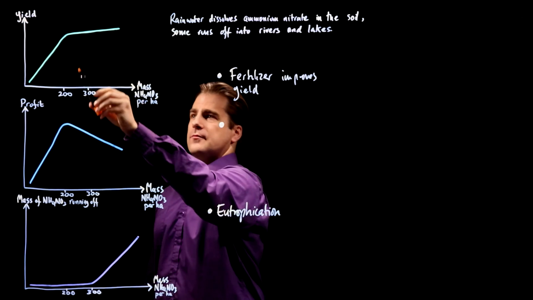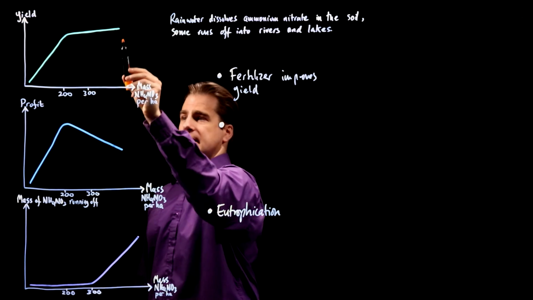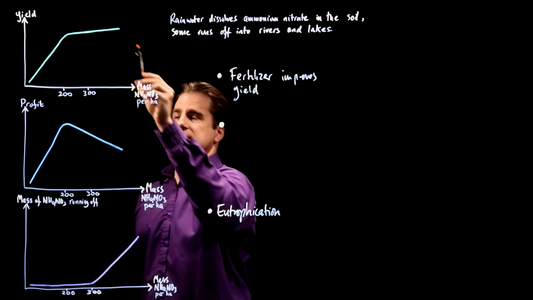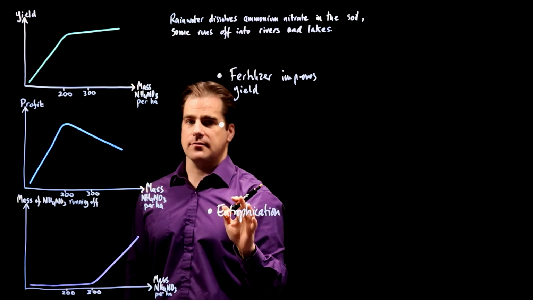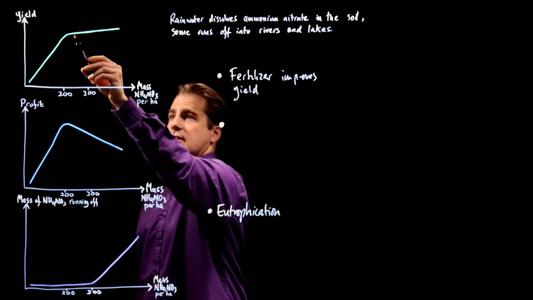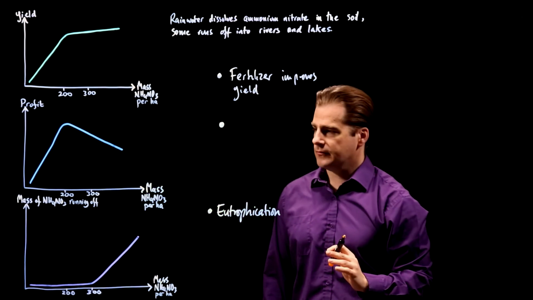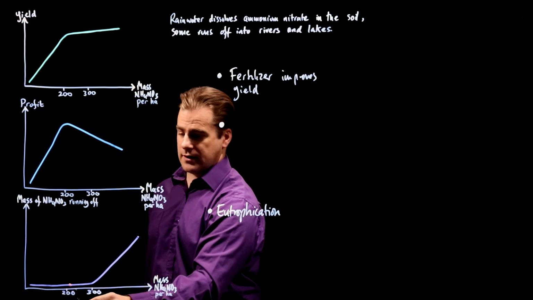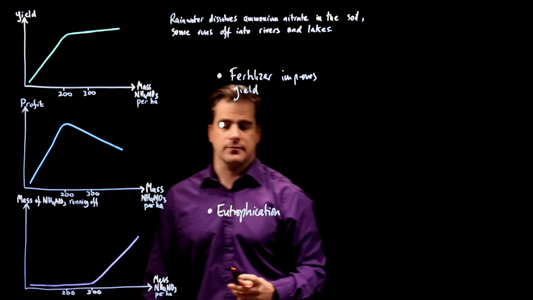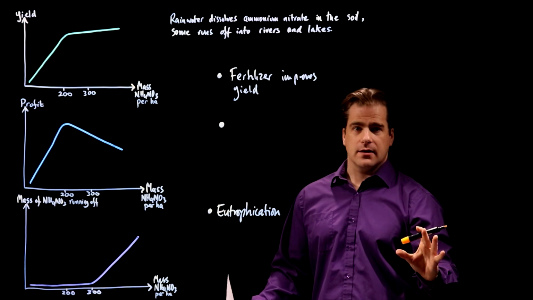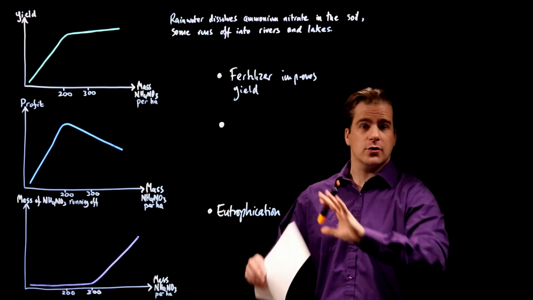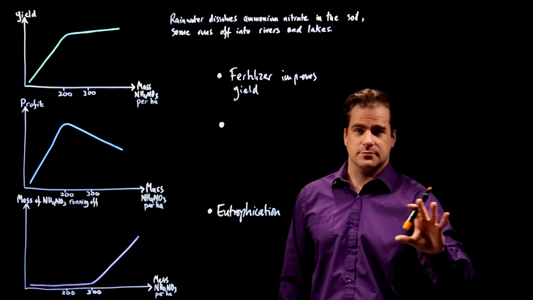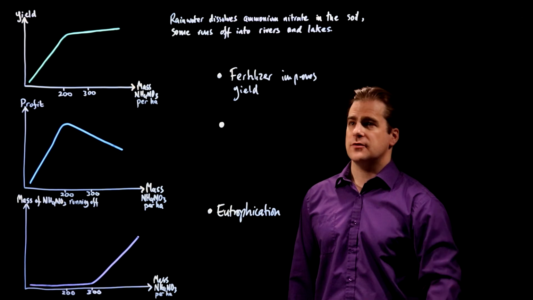Looking at this graph, yes, you do get a higher yield with masses above 200, but the gains are only slight. You still get a very good yield at 200. Okay? And at 200, the runoff is still very low, so that's good for the environment. Okay, I think if you can put all that in nice English prose, you should get 6 marks.